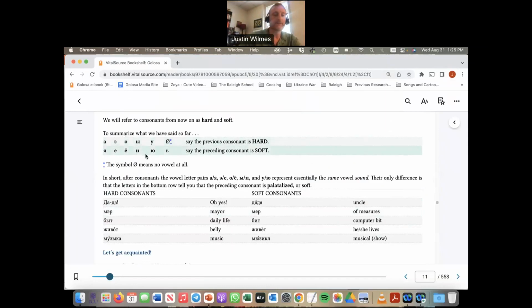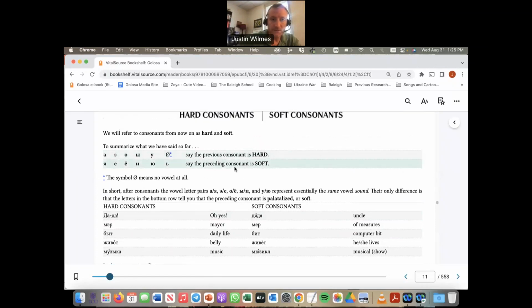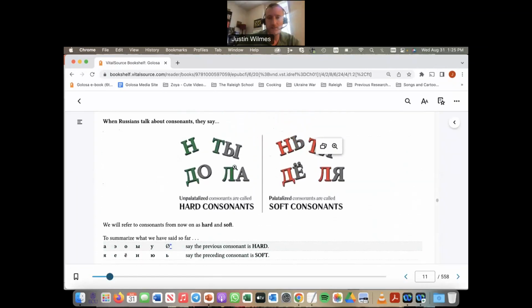I would like you to be aware of it, but to be able to do it perfectly and know it perfectly is a bit much to ask at this point. So this is a little bit more of an advanced topic. But what they're telling you here is that certain vowels have a softness in them.